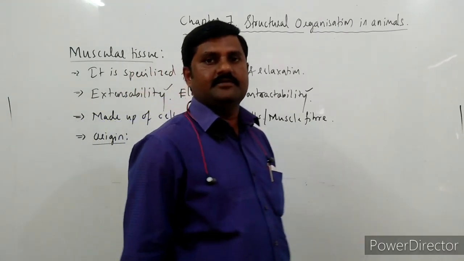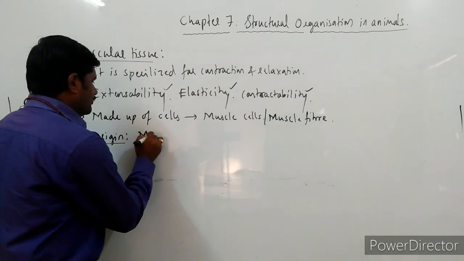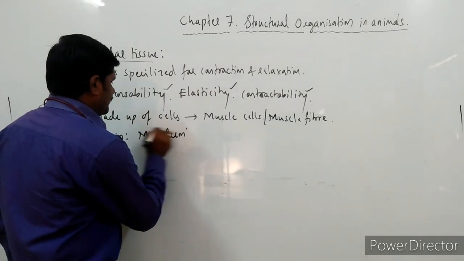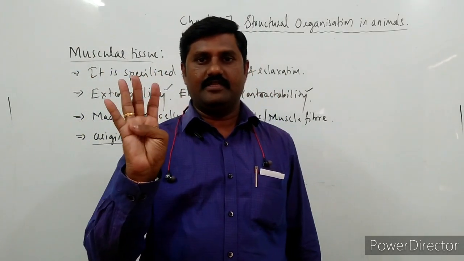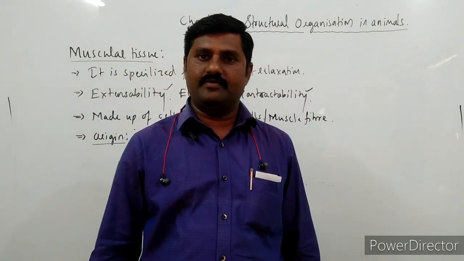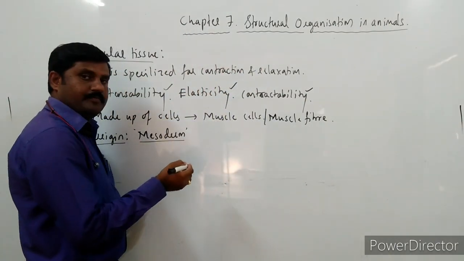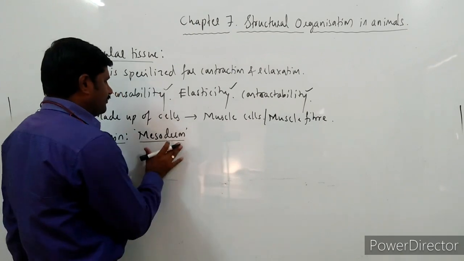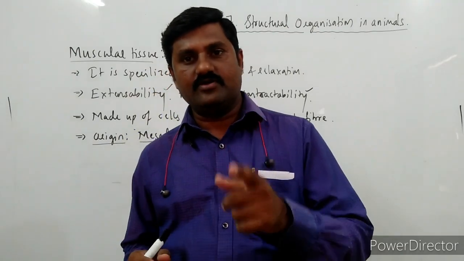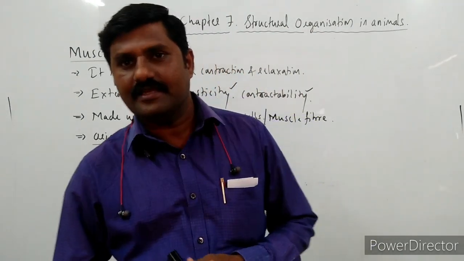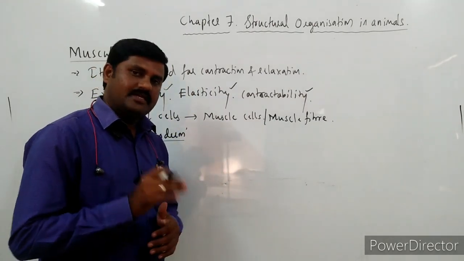So this tissue is mainly originated from mesoderm, right? So as I have already mentioned, there are three germ layers: first one is ectoderm, then endoderm as well as mesoderm. So some exceptional things are there. All the muscles are not originating from mesoderm. Majority of them are originating from the mesoderm. So few are exceptional, right? They are especially arising from the ectoderm also, right?